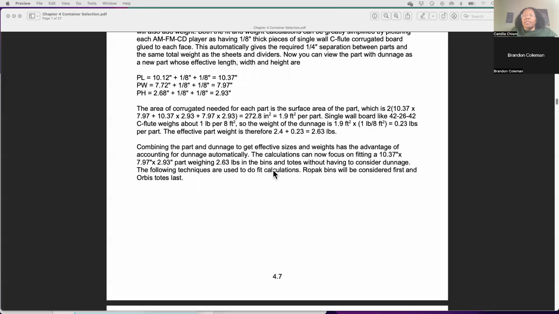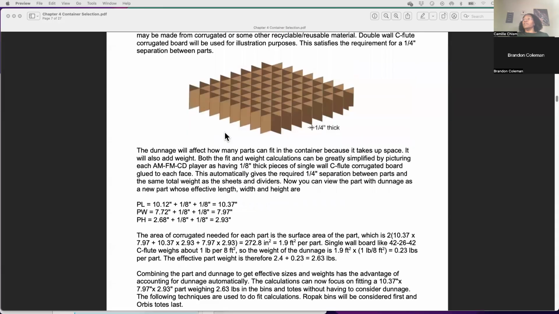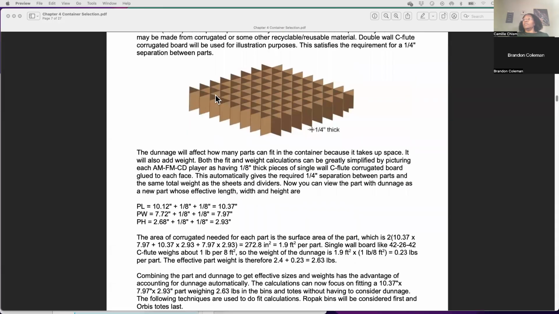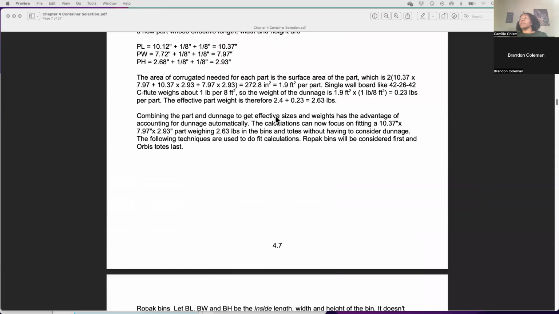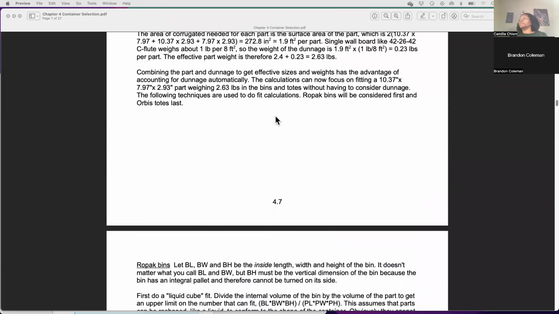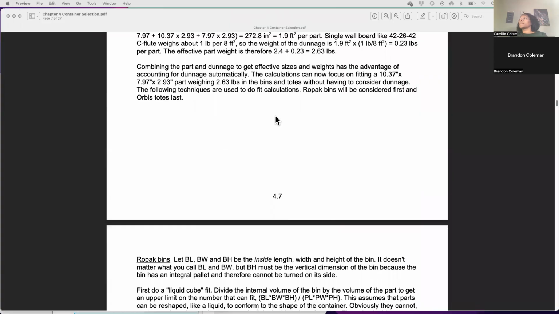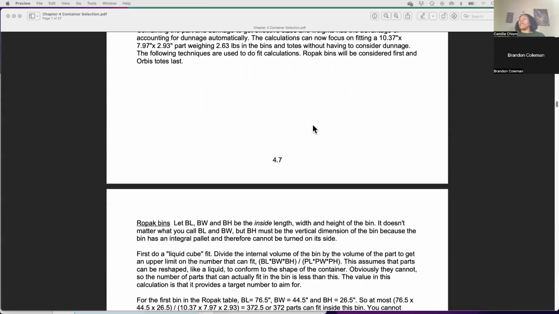You're not having to do a second exercise because you already added the dimensions of this into each radio. So each of these cells is already counted in there, rather than trying to count it separately by itself. And then for this exercise, they looked at the roll pack bins first and totes last.